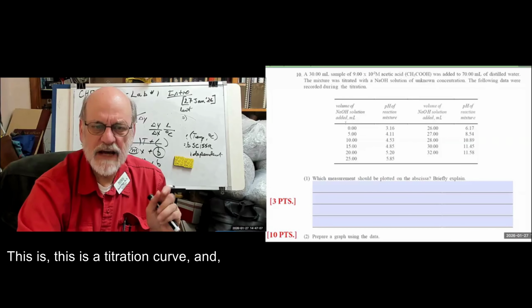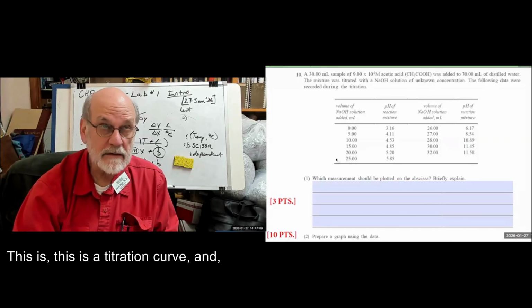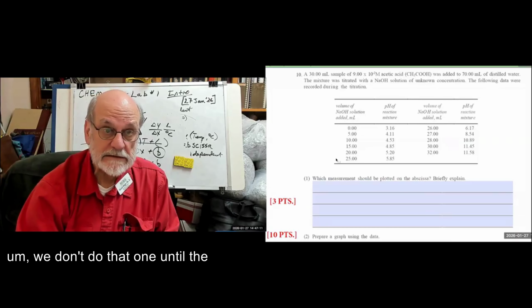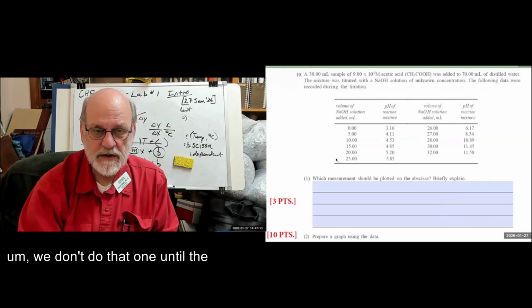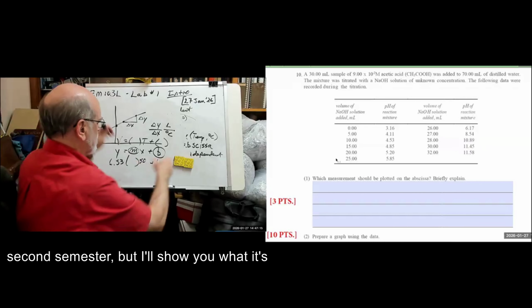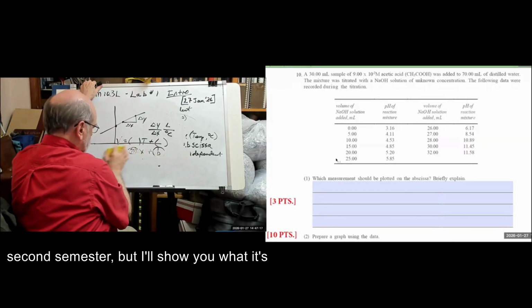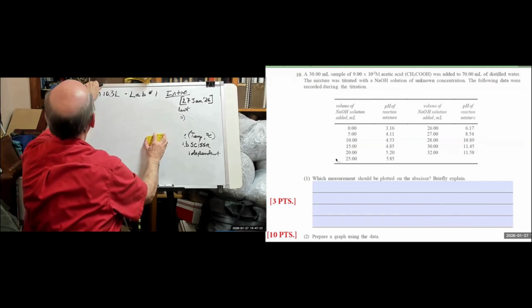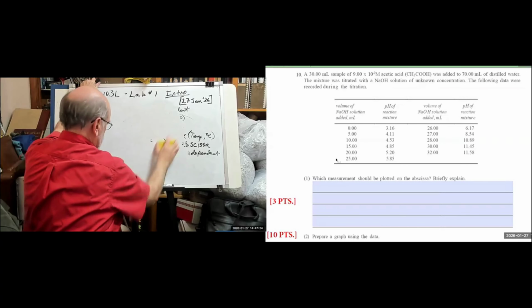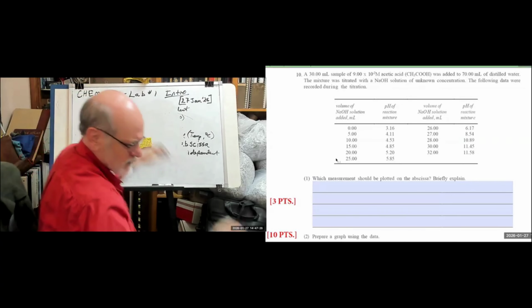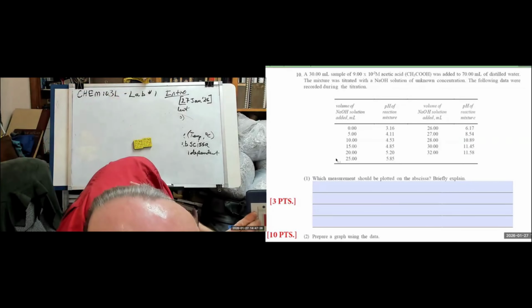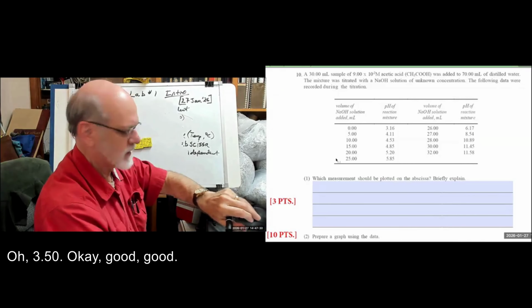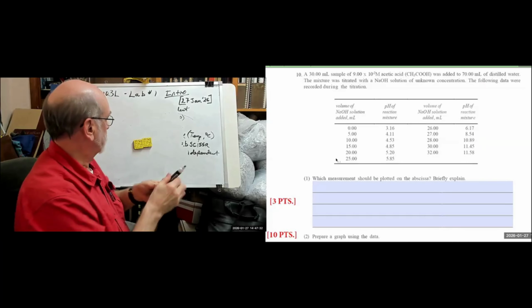This is a titration curve, and we don't do that one until the second semester. But I'll show you what it's supposed to look like. Oh, let's see. That's my time. Oh, 3:50. Okay, good, good.